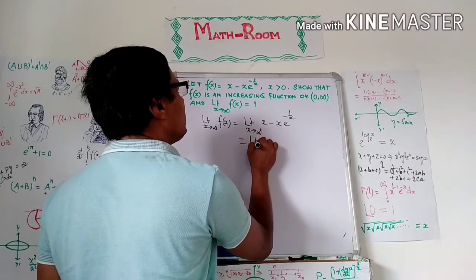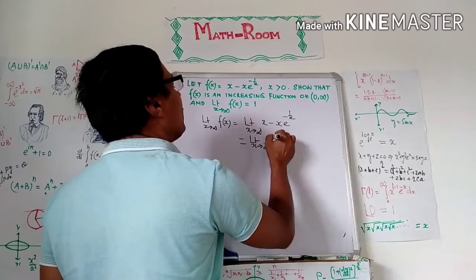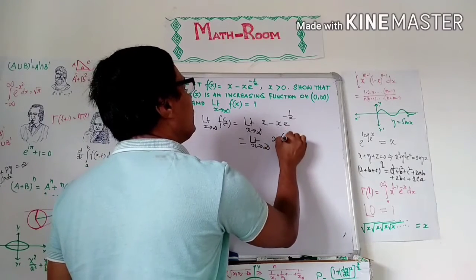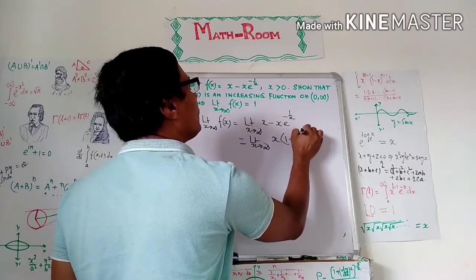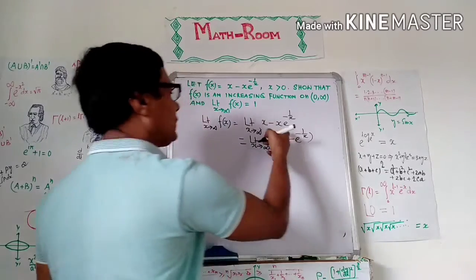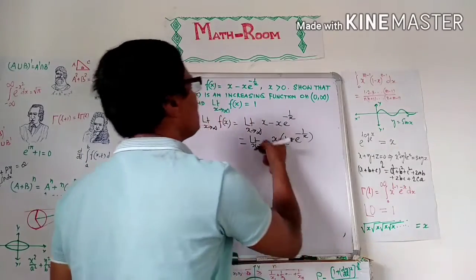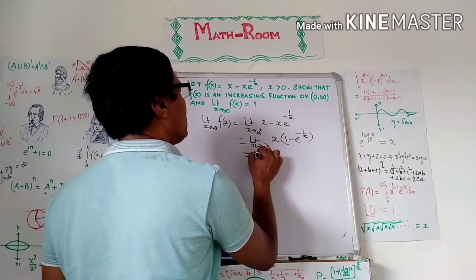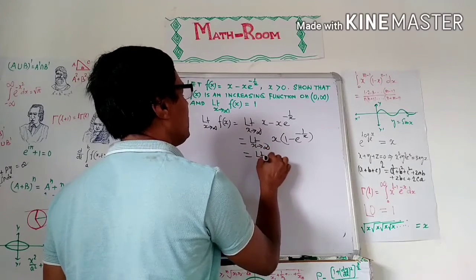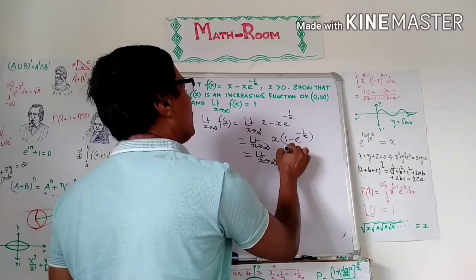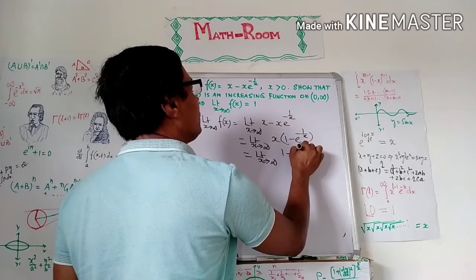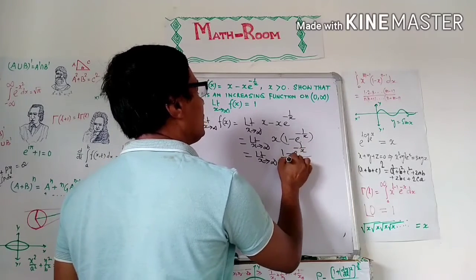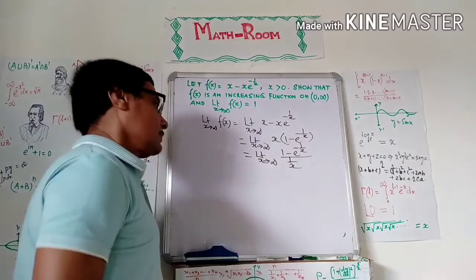The limit as x tends to infinity of x into (1 minus e to the power minus 1 over x). After factorizing these terms we get this, also we can write the limit as x tends to infinity of (1 minus e to the power minus 1 over x) over (1 over x).